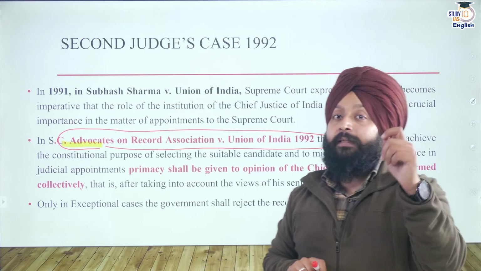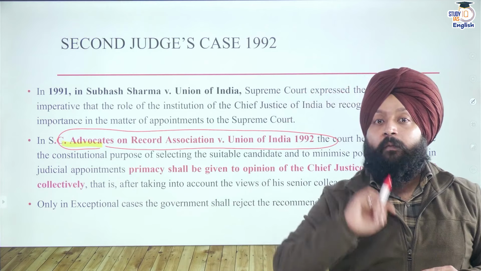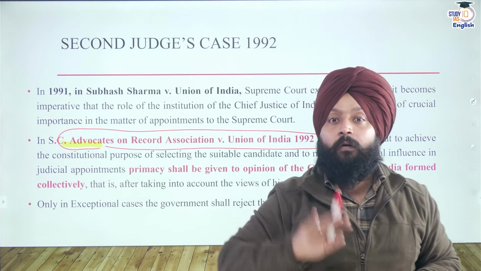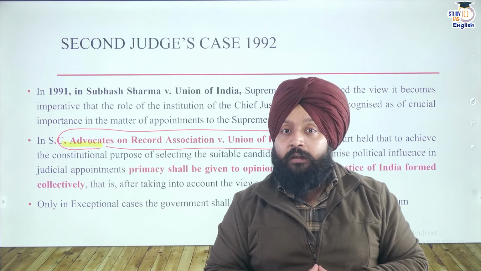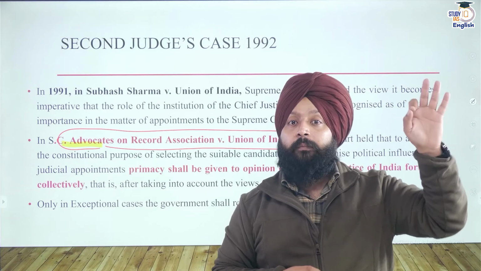Because if the government has the final authority to appoint judges, the judges will always try to be in the good books of the government, because they know that if they do not give judgments in favor of the government, the government will never elevate them. They will never appoint them to the Supreme Court.